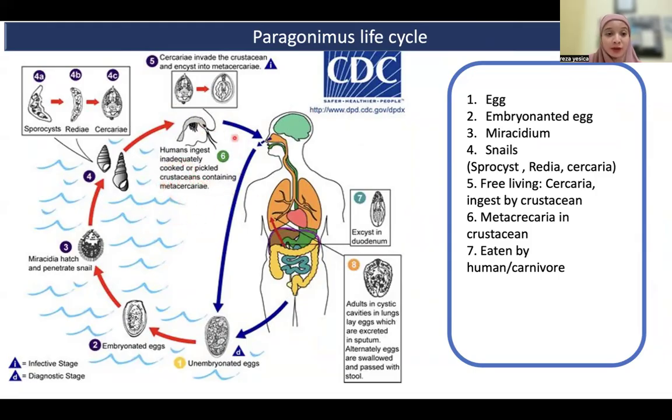So be careful again with your food, because the crab, crayfish, or crustacean can contain metacercaria. They will develop in the lungs of animals or humans, and they will produce eggs in sputum, or the sputum is swallowed, and they move into the intestinal tract, and the eggs will be found in stools.